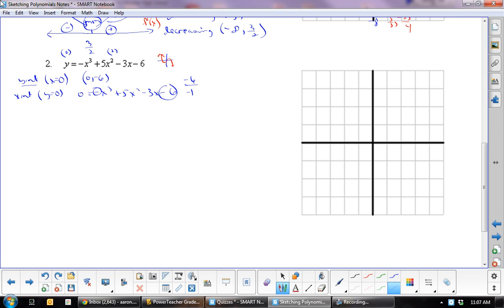So this one would be plus or minus 1, plus or minus 2, plus or minus 3, plus or minus 6, all over plus or minus 1. So you're going to try all those out. Now, is that fun? No. But it's the only way you can do it because you don't have a graphing calculator.